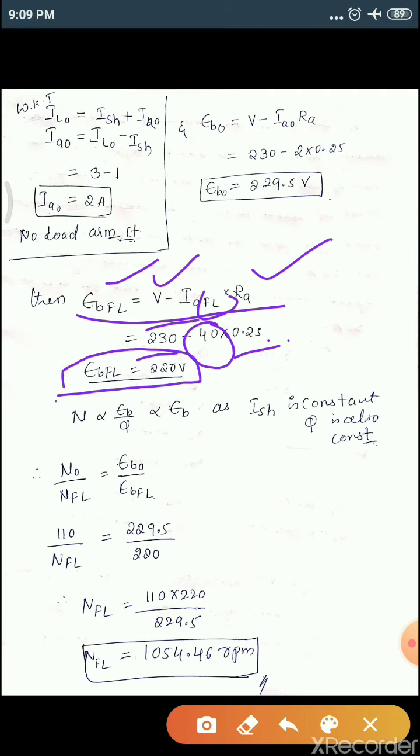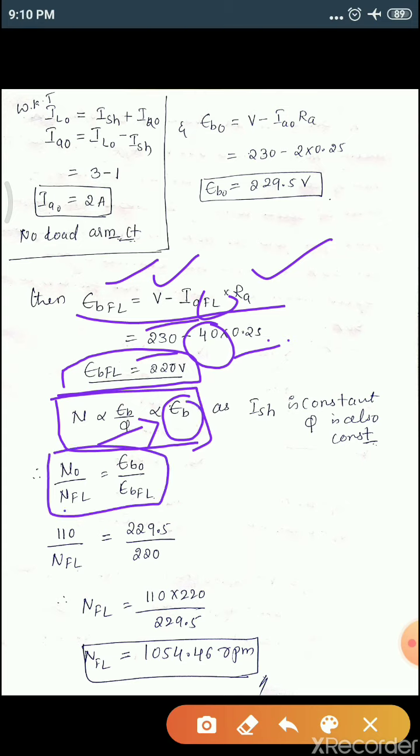As we have said, our intention is to calculate the speed. Therefore, we are going to consider N is proportional to Eb by phi. Since in a shunt motor flux remains constant, it will be proportional to Eb. Therefore, we will take a ratio of no load to full load speed. No load speed to full load speed is equal to no load back EMF to full load back EMF.